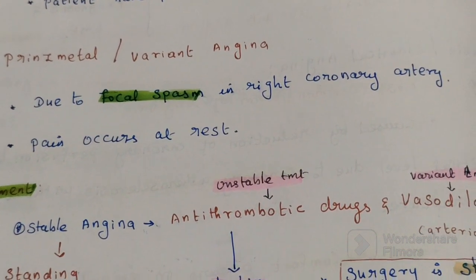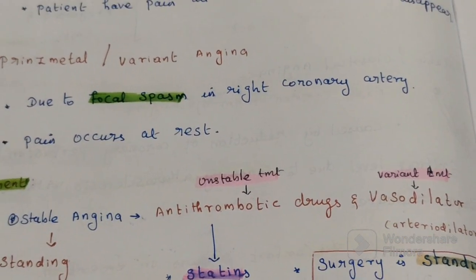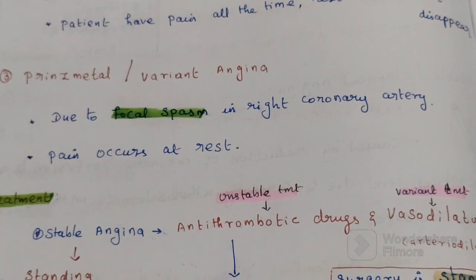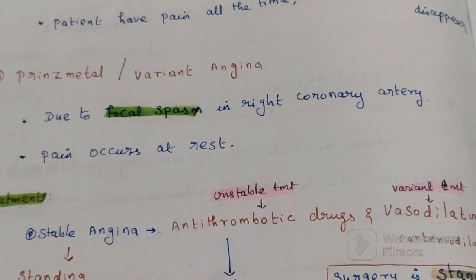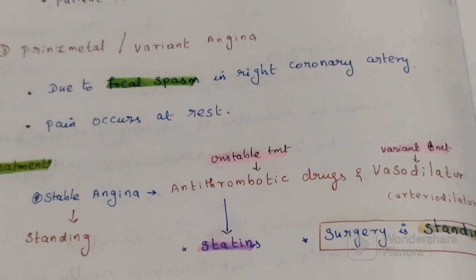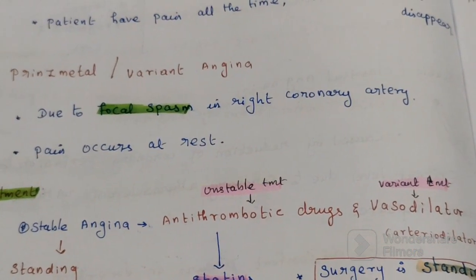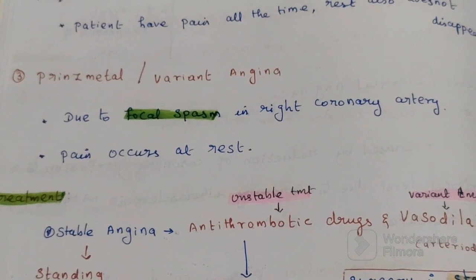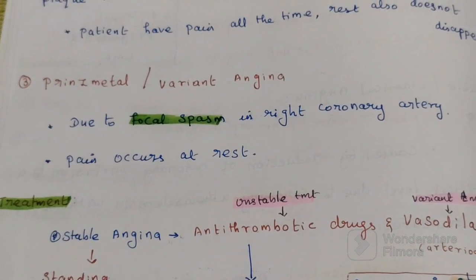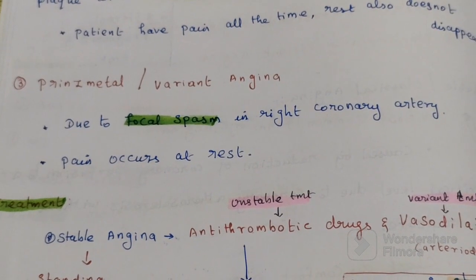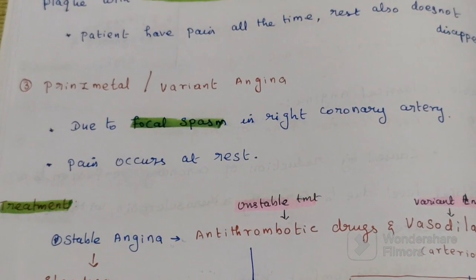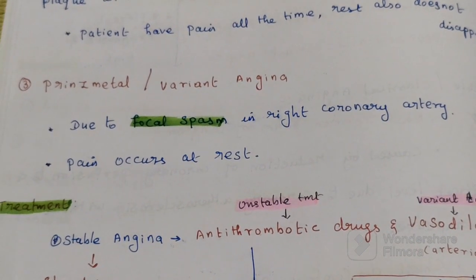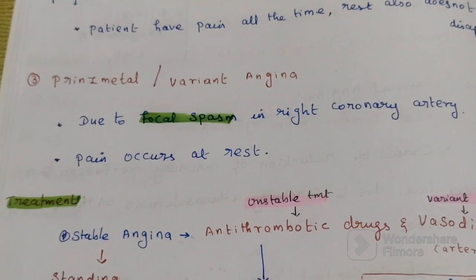First one is because of atherosclerosis, second because of thrombosis and calcification, and third because of vasospasm. The third type of angina causes obstruction by vasospasm. Anytime it can come, anytime it can go. So these are the three types of angina.